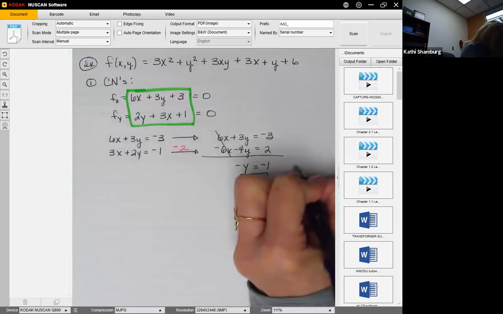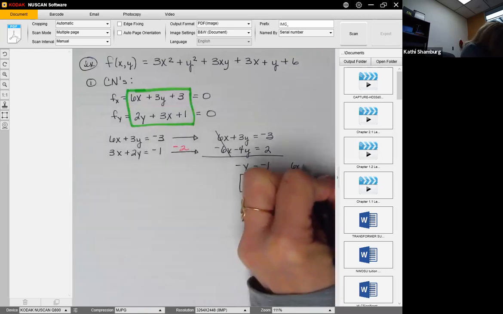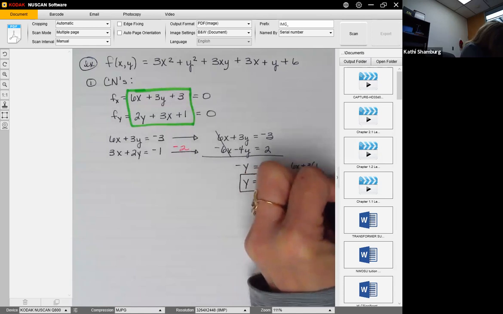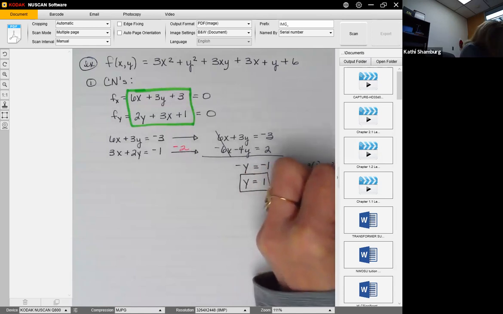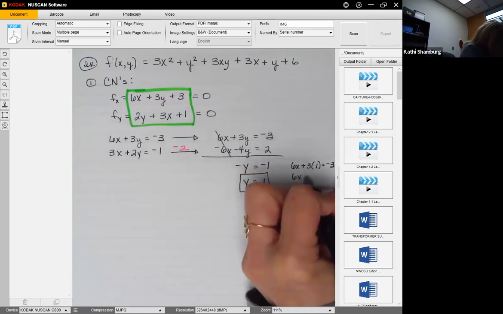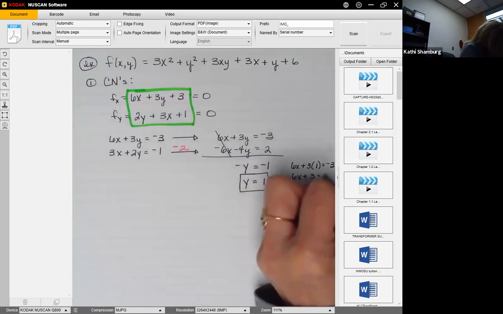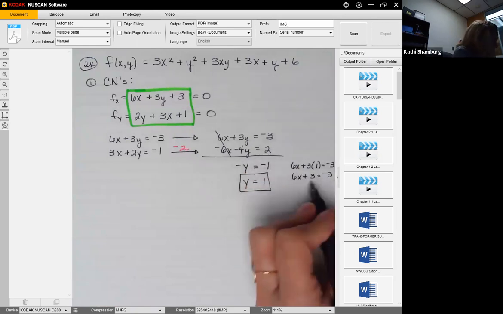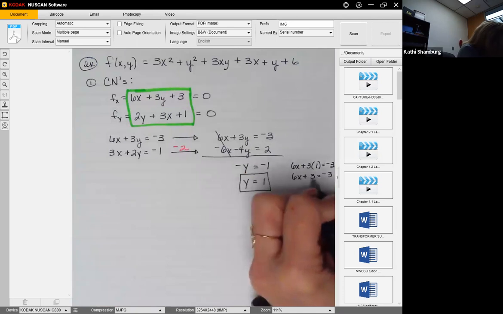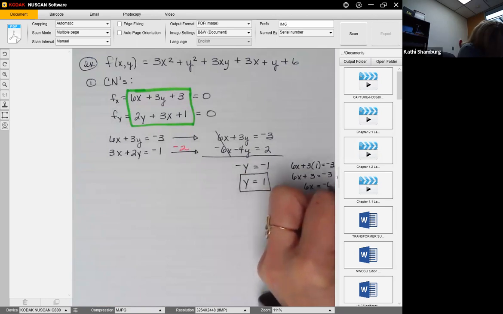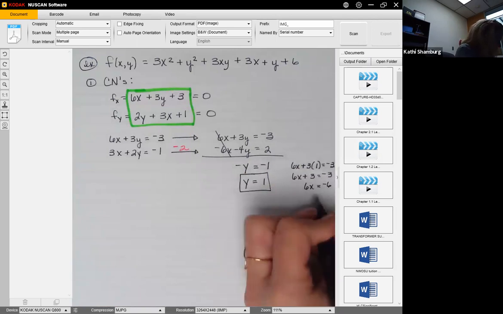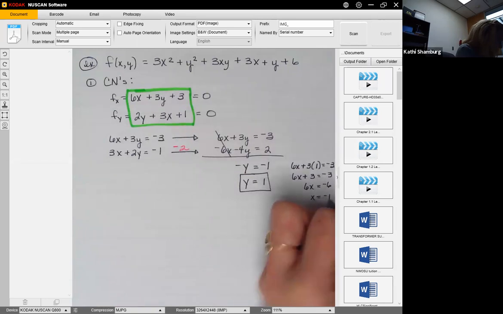That gives me 6x plus 3 times 1 equals -3. So I get 6x plus 3 equals -3. I'm going to subtract 3 from both sides, so I get 6x equals -6. Divide both sides by 6, and I get x equals -1.